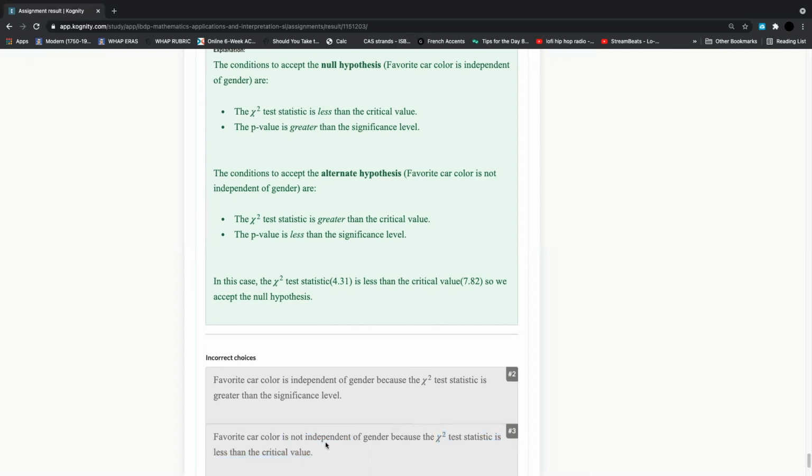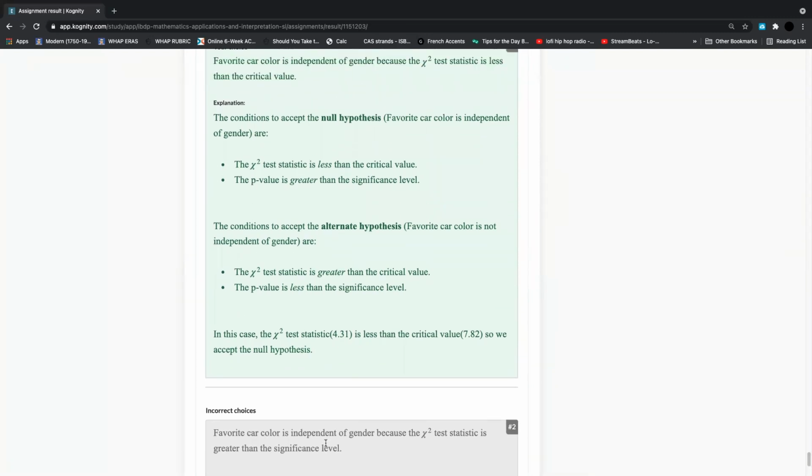So those are contradicting as well. Favorite car color is independent of gender because the chi-square test statistic is greater than the significance level. So if the chi-square test statistic is greater than the significance level, that means that they are not independent of each other. That means they do have a connection. They do correlate with each other in some sort of way. They have a relationship. So that is also incorrect.